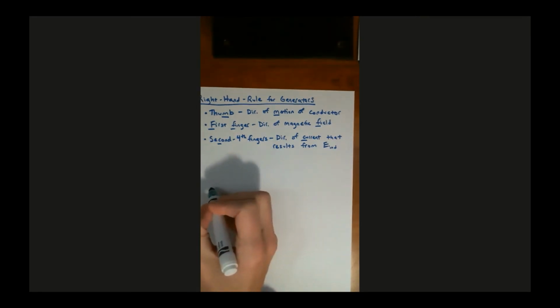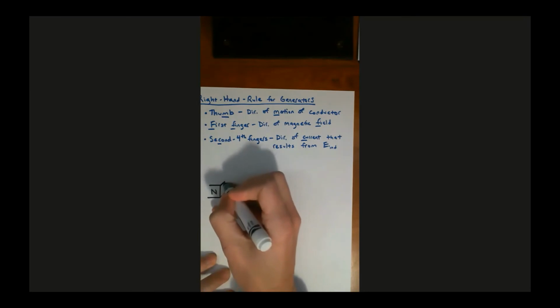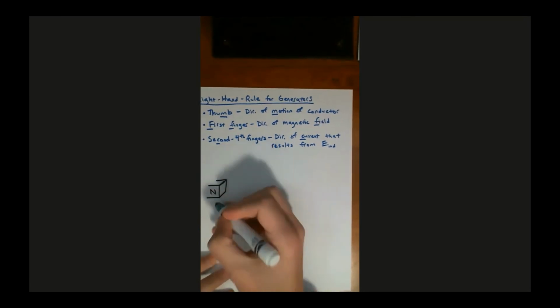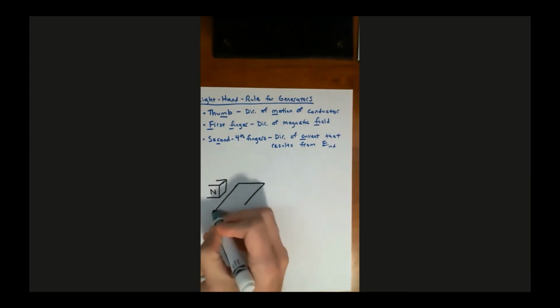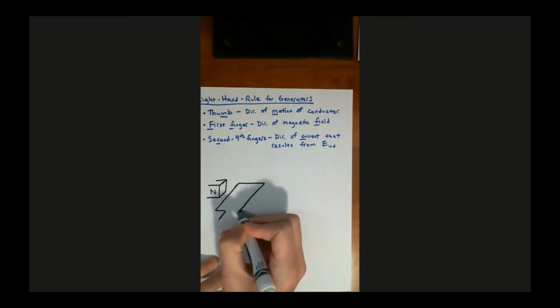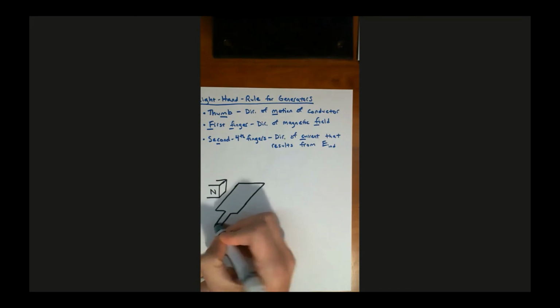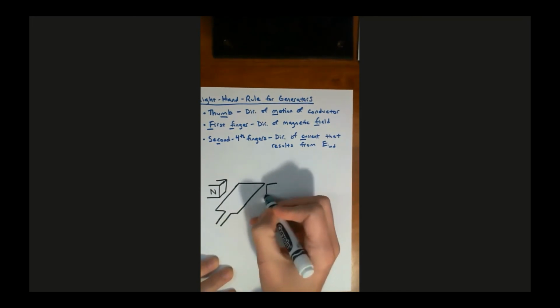So let's go ahead and draw a generator. Here's my north pole. Here's my coil of wire, which we'll call our armature. Here's my south pole.